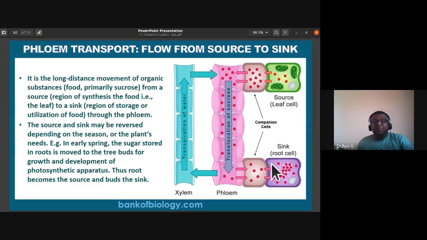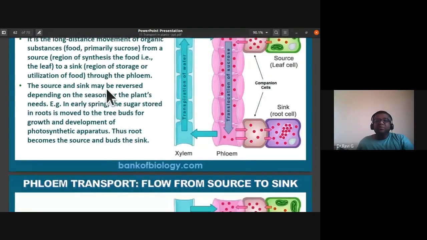The source and sink may be reversed depending on the season or the plant's need. In early spring, when all the leaves were lost in the autumn season and the buds are developing, the roots become the source region and the buds become the sink region.